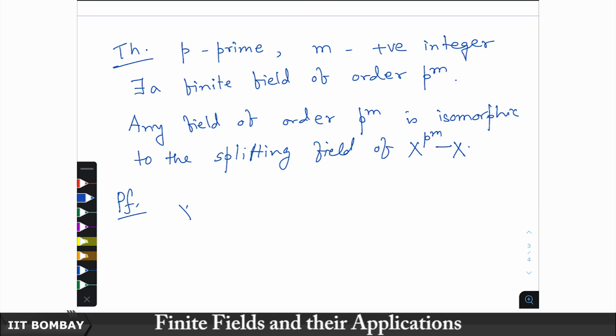So, let us take x power p power m minus x, this is a polynomial, and we know that every polynomial has a splitting field. This is a polynomial over Z p.